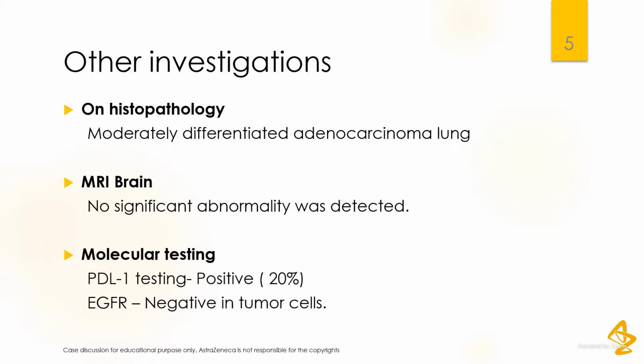Next slide, please. Was found to be adenocarcinoma lung. Brain was done for evaluation for surgical purposes and found to be normal, and the PD-L1 was 20% and EGFR was negative. Next slide.